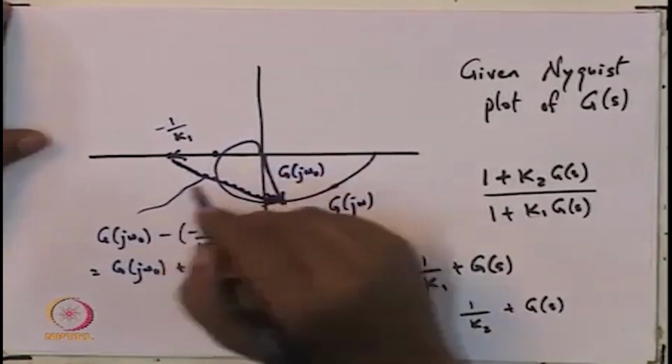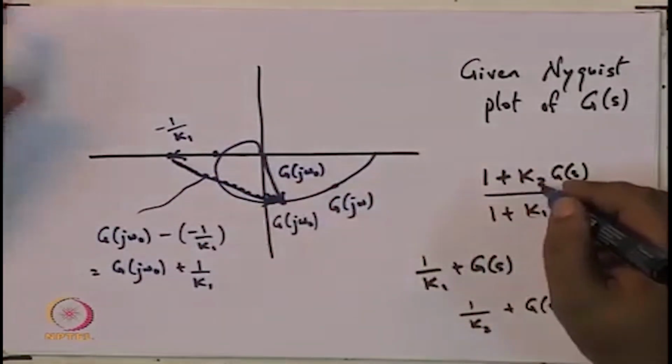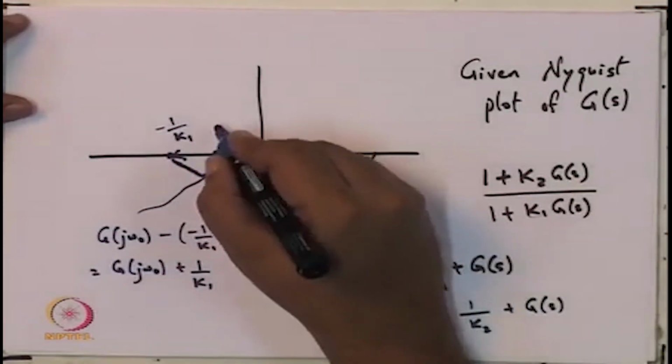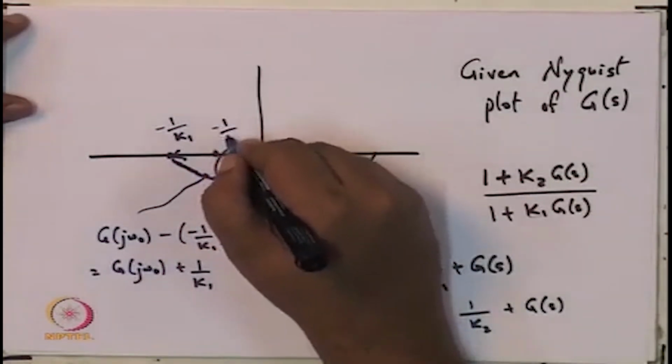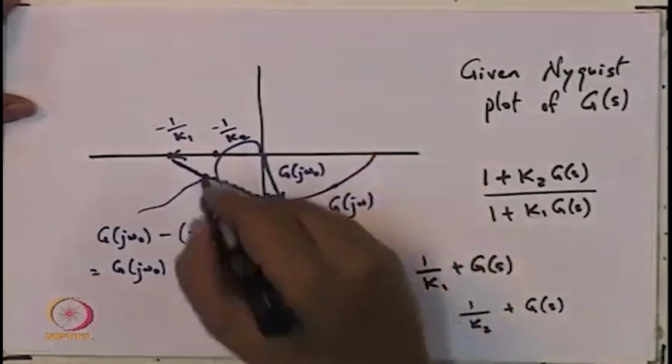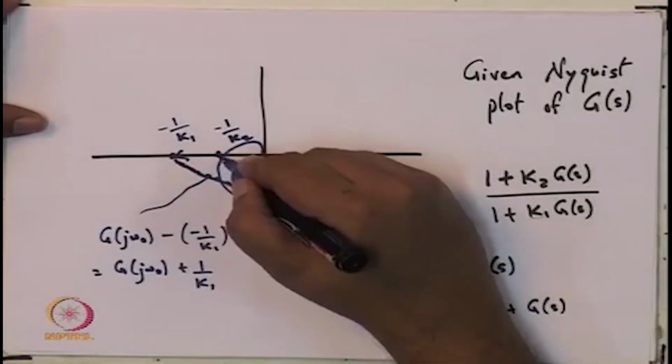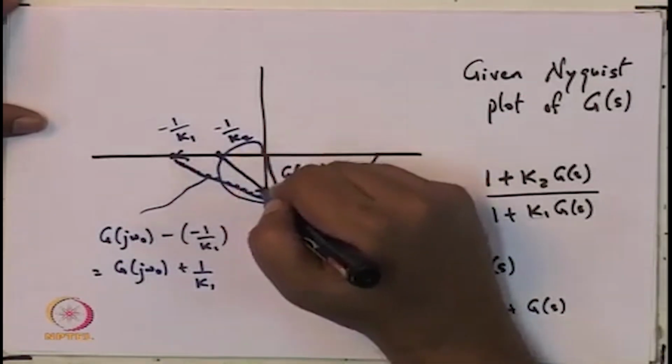Sorry, K 2 is larger, so 1 by K 2 is going to be smaller. So, this is minus 1 by K 2. And so you will have a similar vector here.